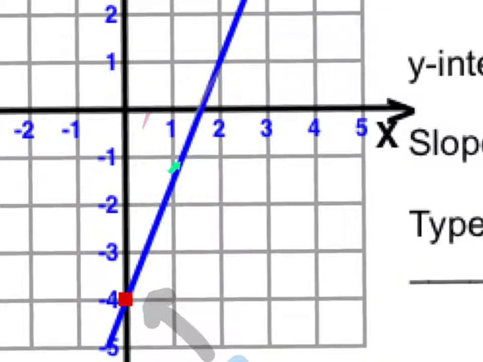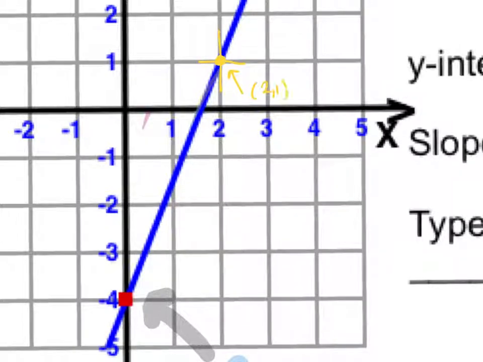You're going to rise, rise, rise. You can't stop here. That's not a perfect intersection. Rise, rise, rise, rise, rise until boom, right here. Do you see how you can see clearly what point this is? So this point right here is at a perfect intersection. I can tell you what that point is.